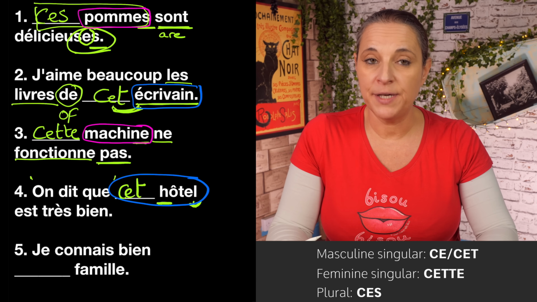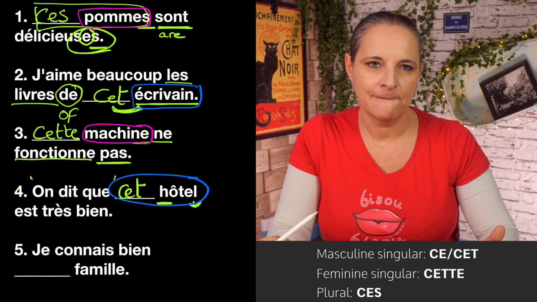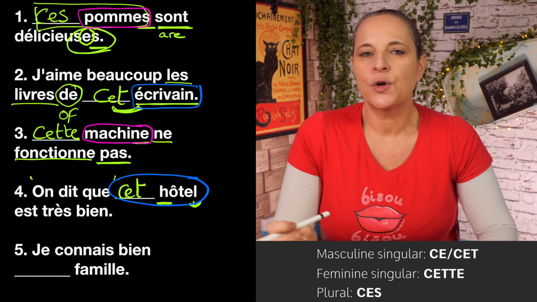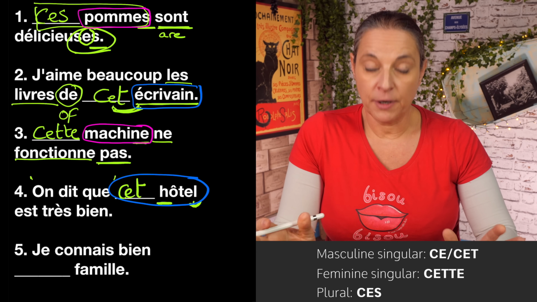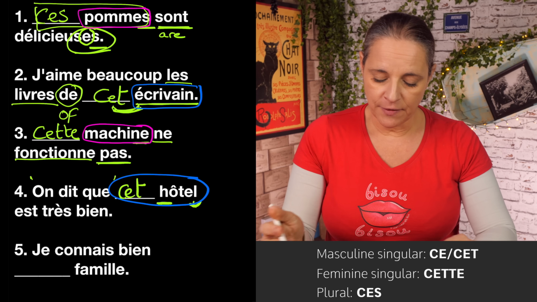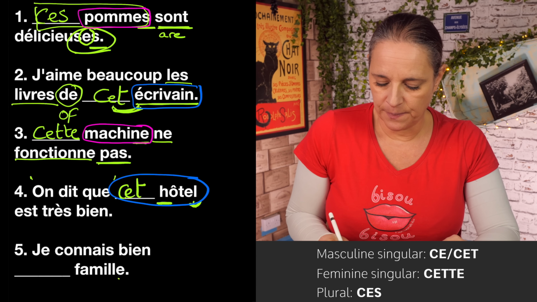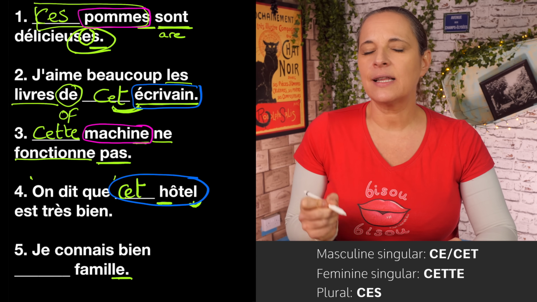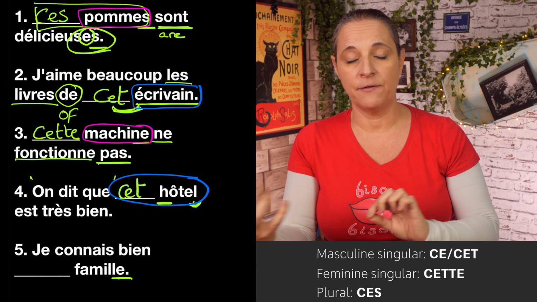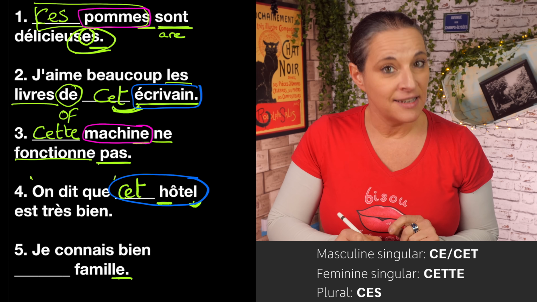Je connais bien famille. Now, famille. Let's say that you don't know what je connais bien means, but famille is an easy word to know. Famille is family. Have a look at the ending of this word. It has an E, so it is likely to be feminine. So we know that for this, the feminine form is cette.